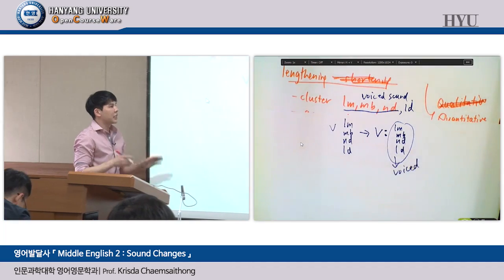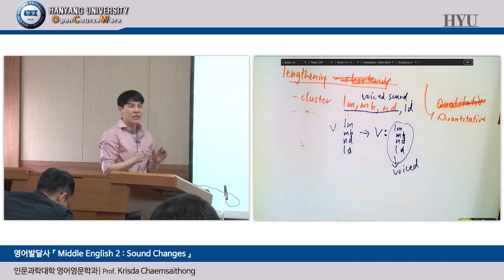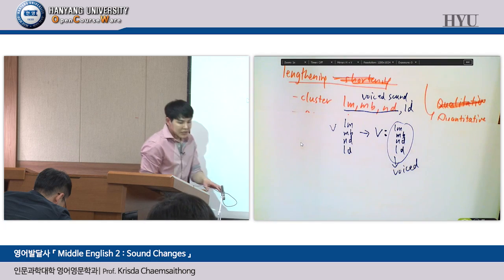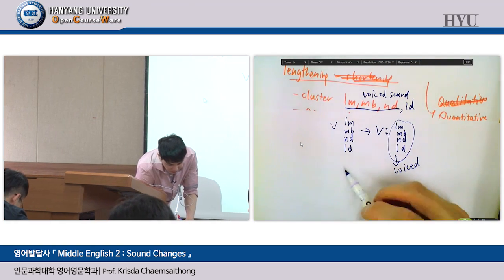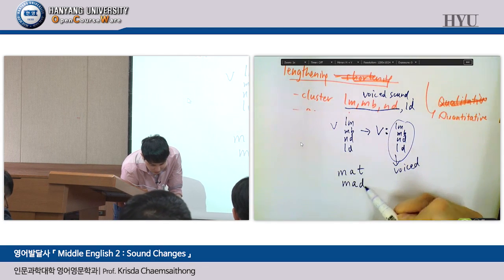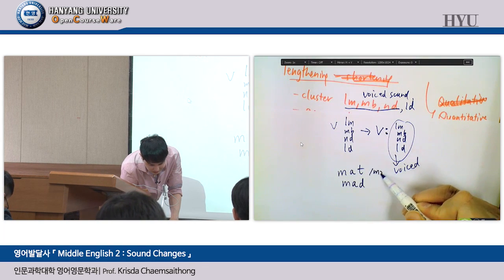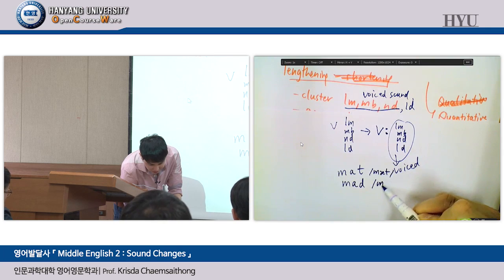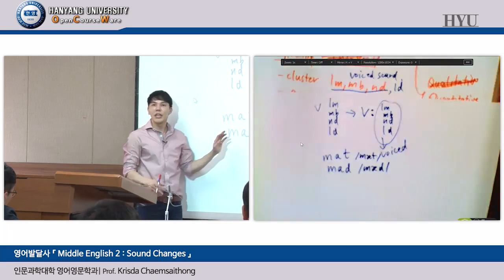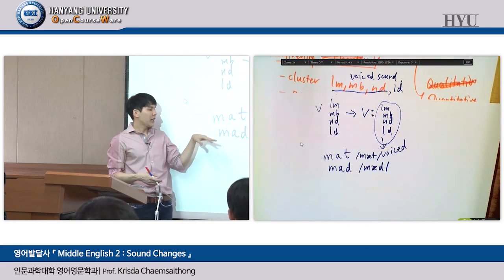Why is that? Because these are voiced sounds. So the vowel is usually lengthened, right? Imagine this situation when you have the same vowel, mat and mad. Which one is longer? They are both air, right? This is Modern English. Mat and mad.